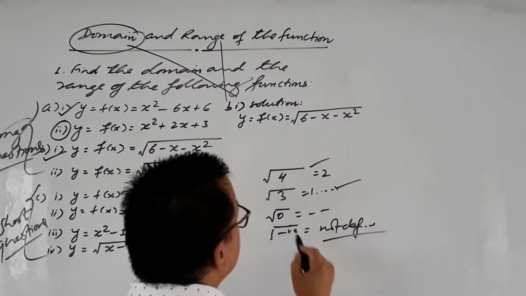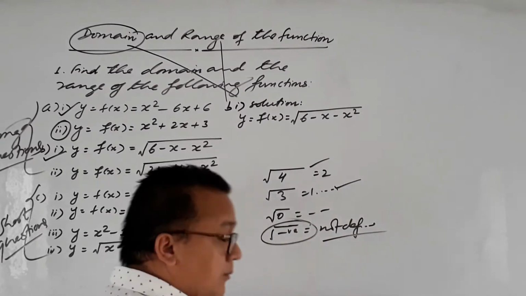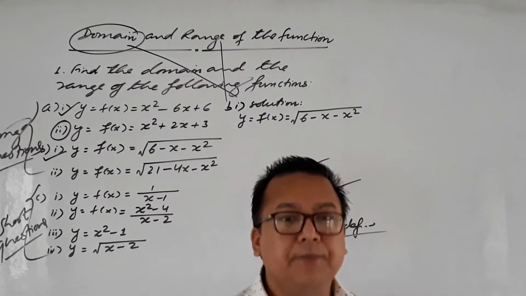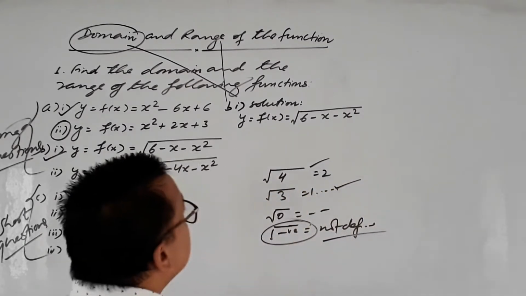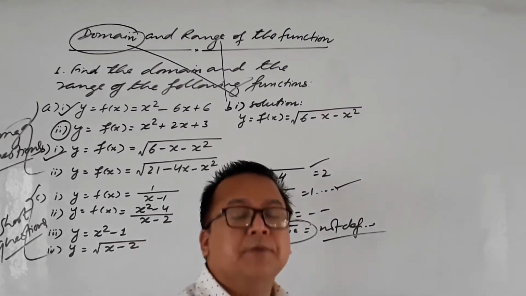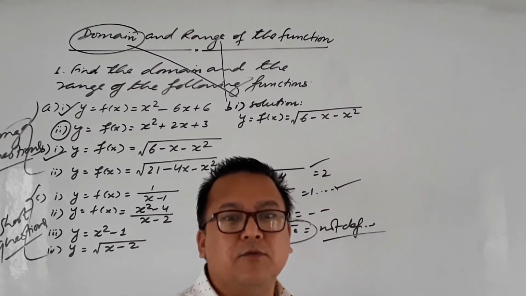But the square root of negative real numbers is not defined, so that's why, from here we can get one clue.